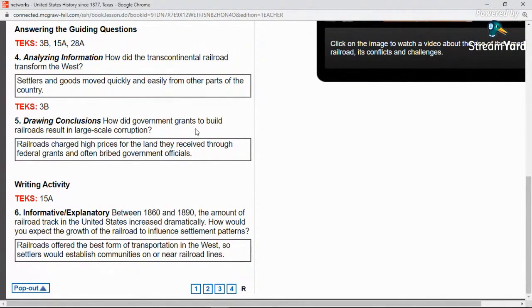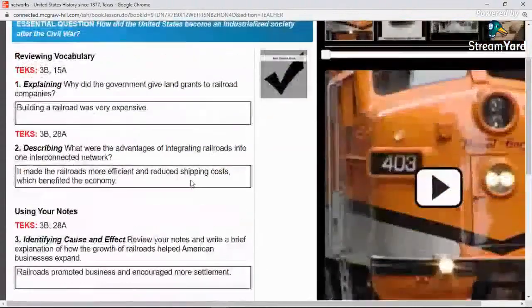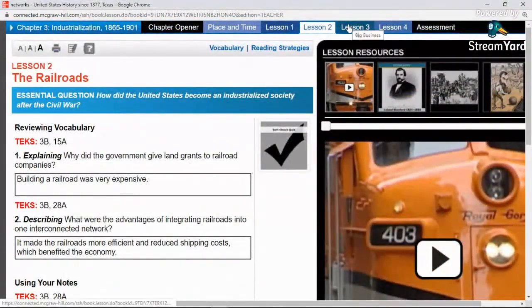But it also created large-scale corruption because railroads charged high prices for the land they received through federal grants. Okay, so I'm getting this free money, this free land, and now I'm kind of charging whatever I want because only I control this land. So not very good, right, guys?